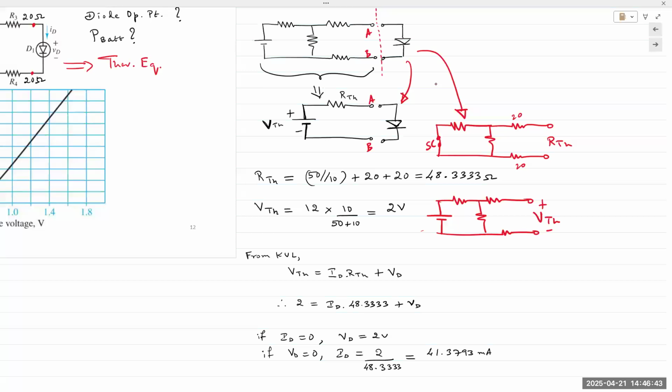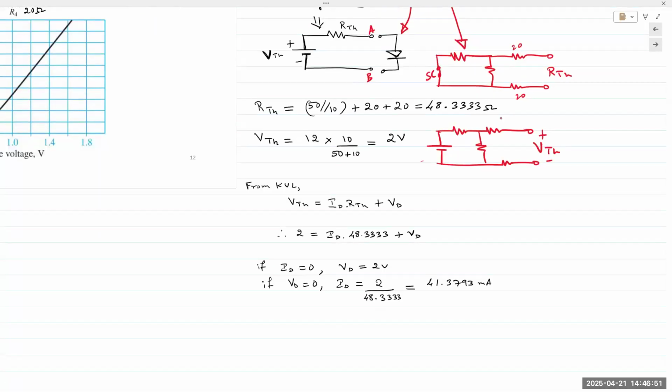All right, so VTH. Here's the important thing. The 20 ohm resistors are not connected to anything. Let me explain this.